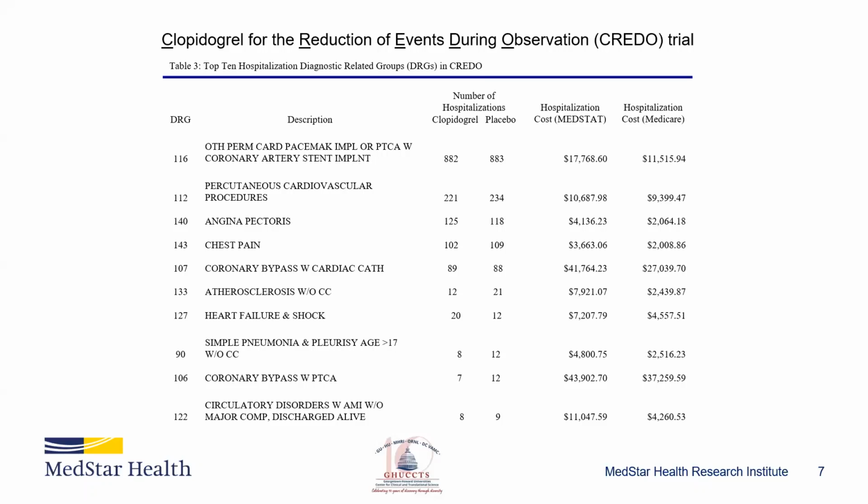In the CREDO trial, we listed the number of hospitalizations in each of the two groups, the clopidogrel group and the placebo group, and then what the cost was per procedure or event. And so this is one way of obtaining costs.